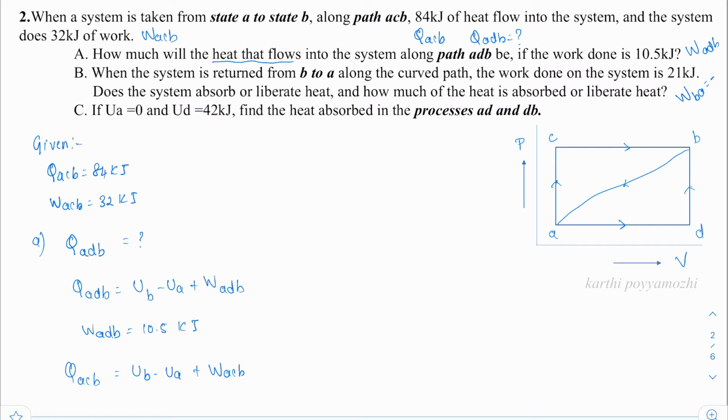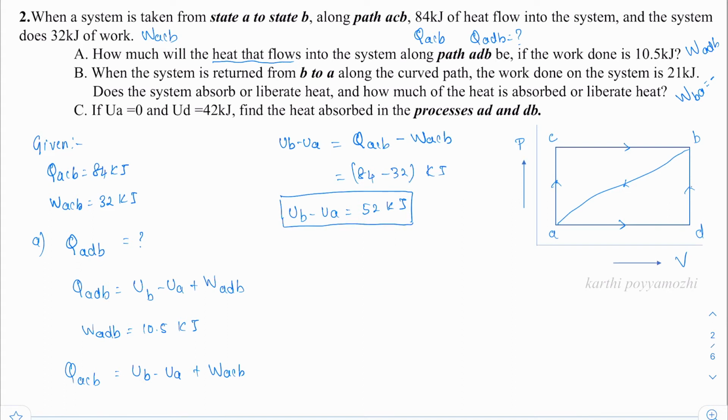From this, UB minus UA will be equal to Q of ACB minus W of ACB, which is equal to 84 minus 32 kilojoule. So UB minus UA will be equal to 52 kilojoule, which is the change in internal energy for the process A to B.